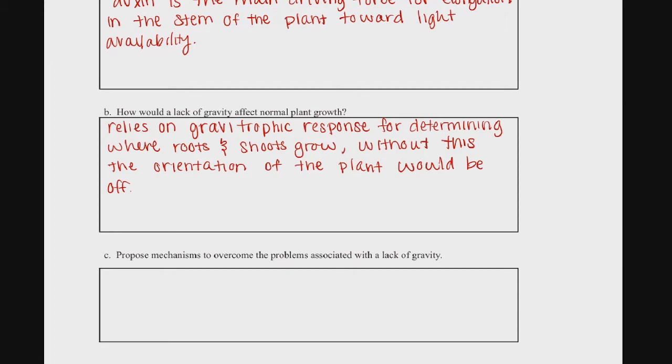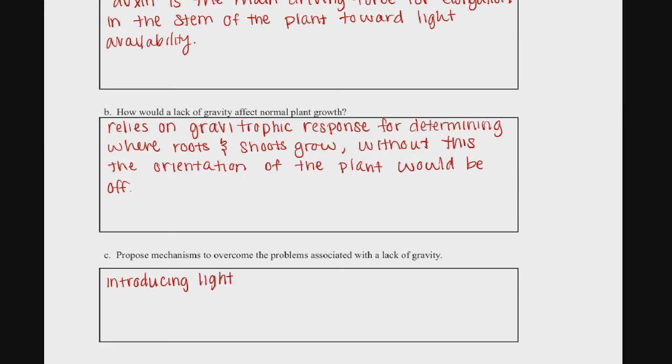Okay. C. Propose mechanisms to overcome the problems associated with lack of gravity. So some mechanisms are introducing light when germination is happening. This way they have something to respond to.